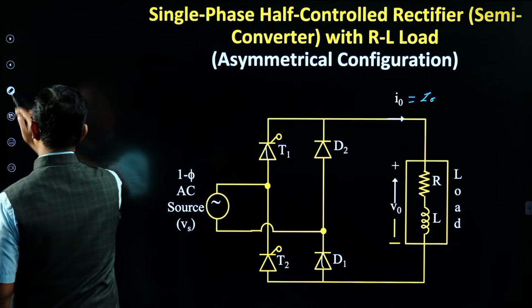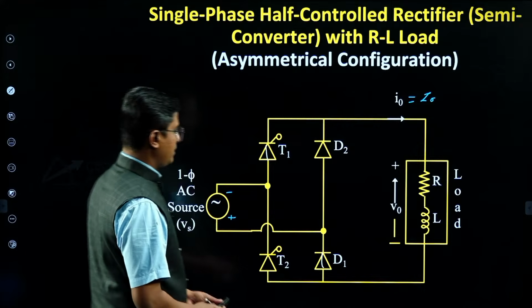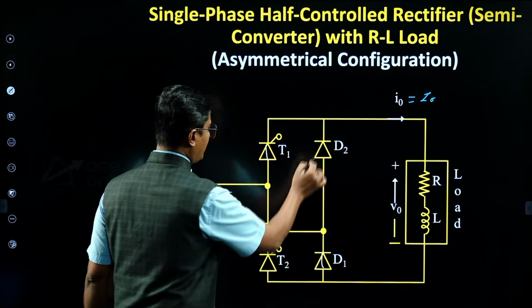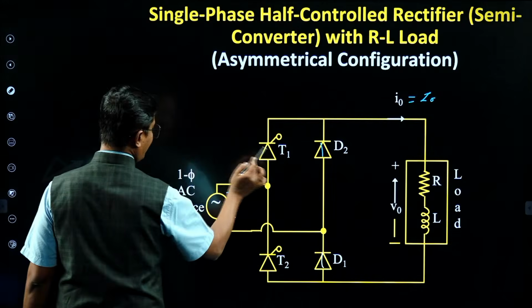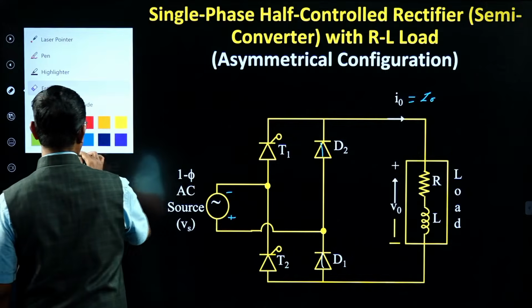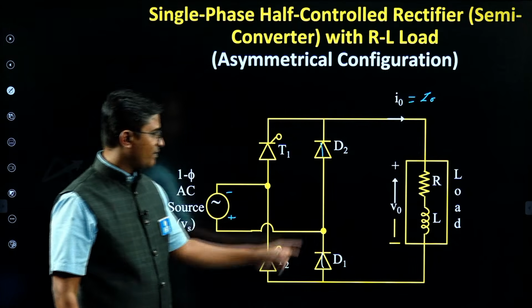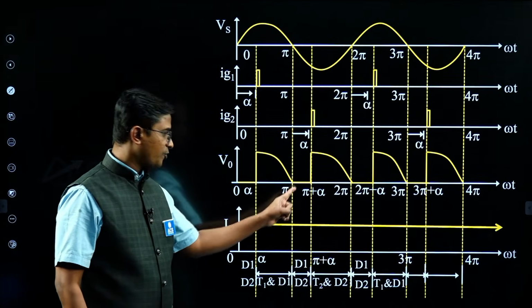Which two devices conduct? Here the inductor discharges through D1 and D2. So D1, D2 will conduct, and when D1 conducts, T1 will turn off because the supply voltage appears as a reverse voltage for T1. So D1, D2 conduct from pi to pi plus alpha. Output voltage will be 0.